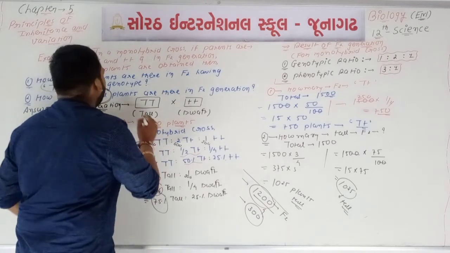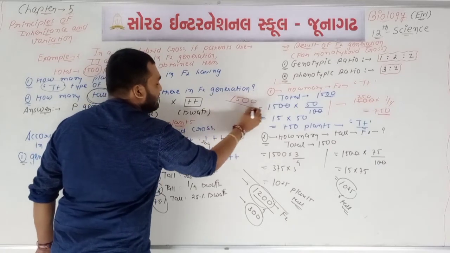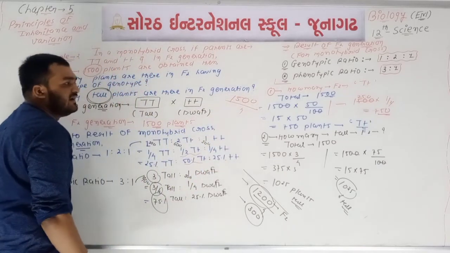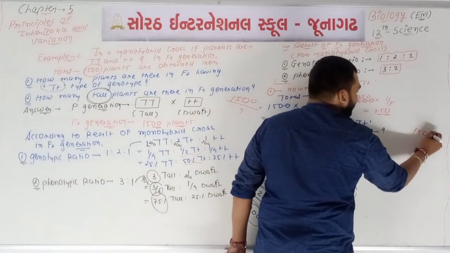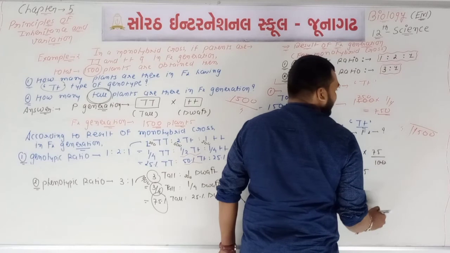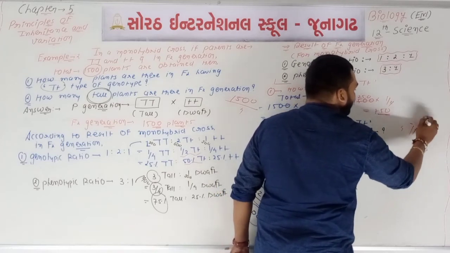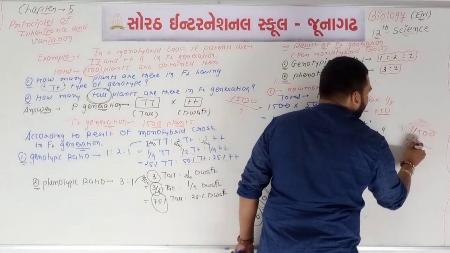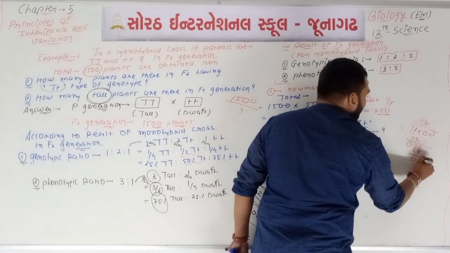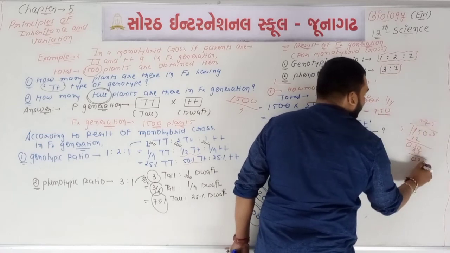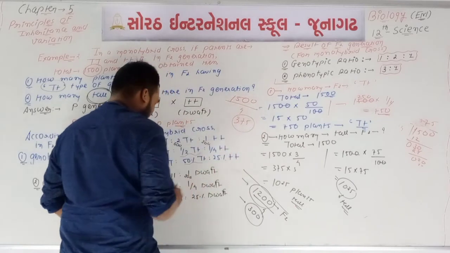For example, if the number is 1500, divide it by 4. The answer will be 375.